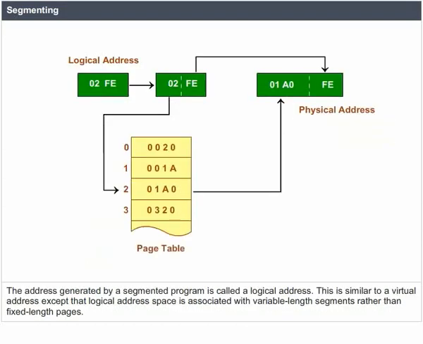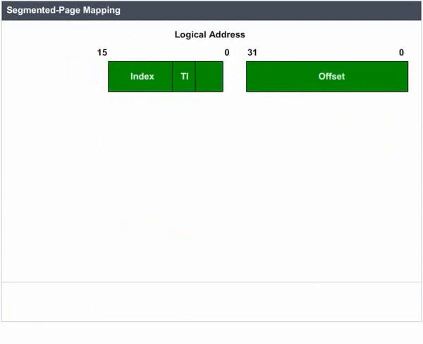The address generated by a segmented program is called a logical address. This is similar to a virtual address, except that the logical address space is associated with variable length segments rather than fixed length pages. Segmented page mapping. The logical address shown is partitioned into 3 fields.